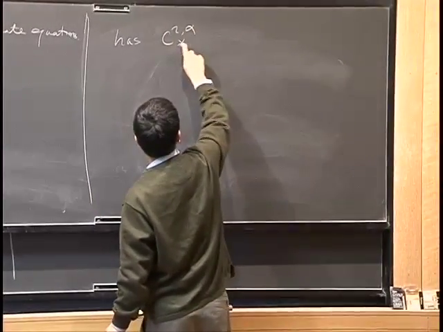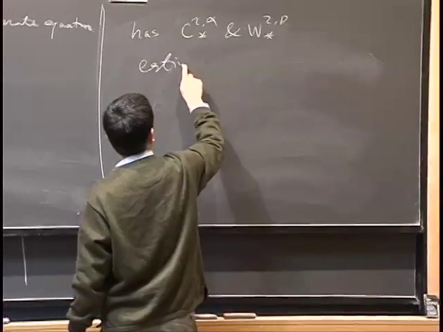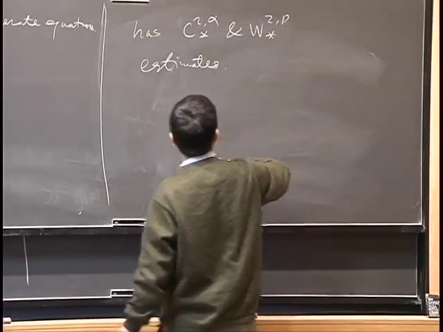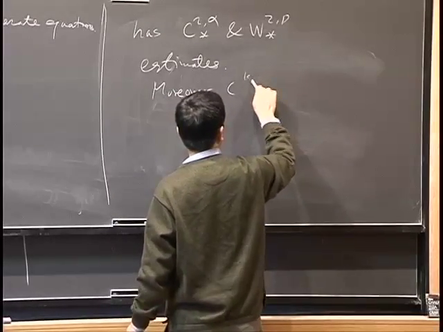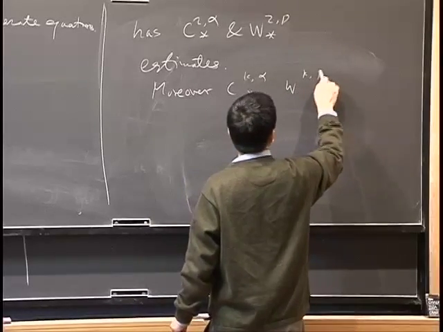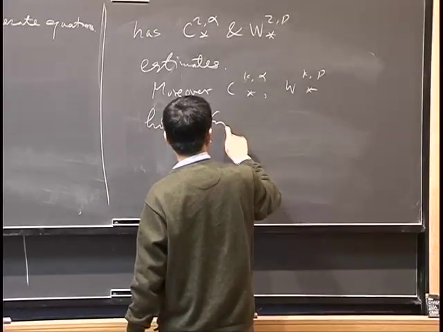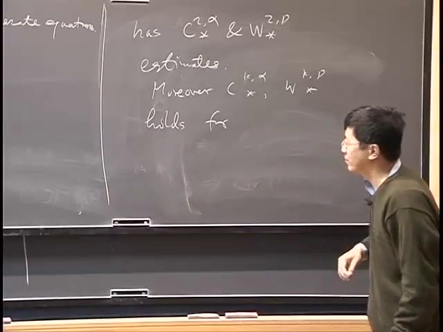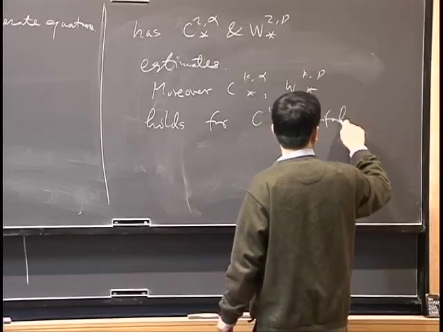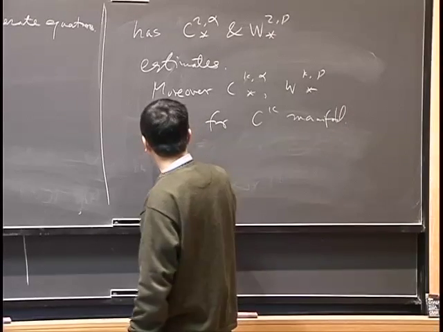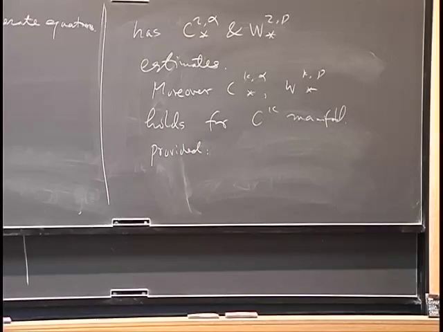C2 alpha star. Moreover, or I mean, better smoothing. And I missed an important condition, provided there's an ellipticity condition.